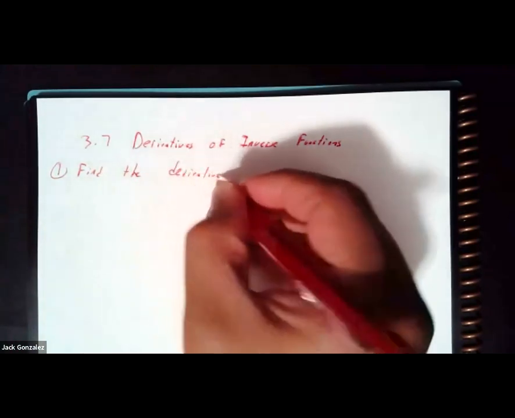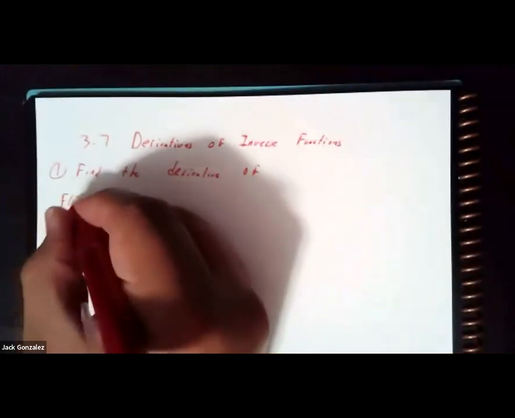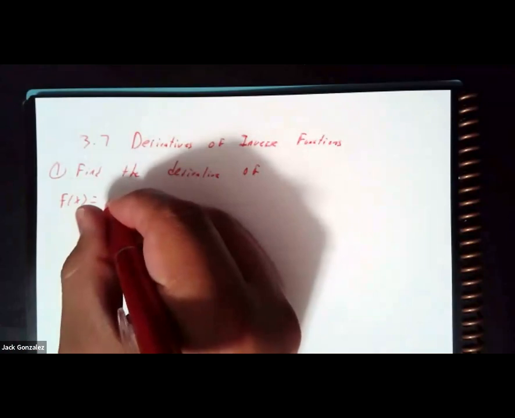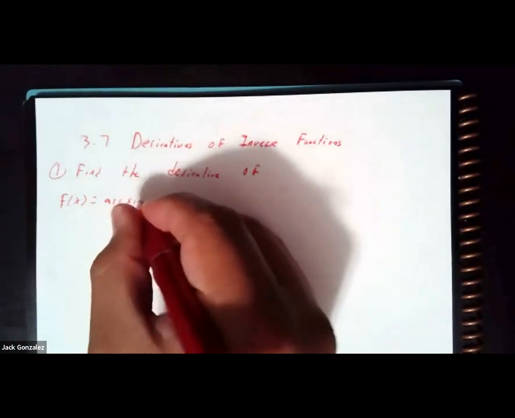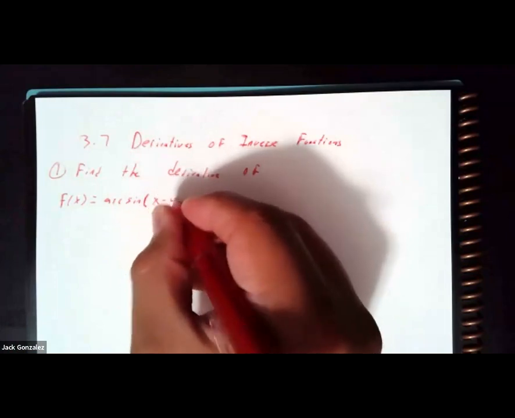Find the derivative of f of x equal to arc sine of x minus 4.